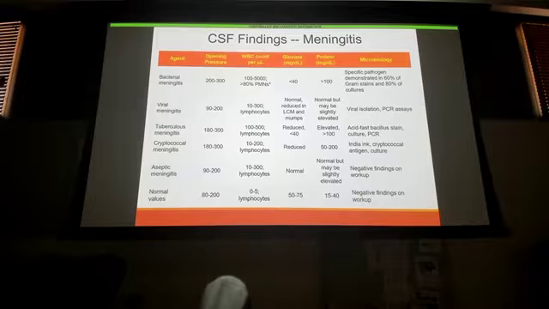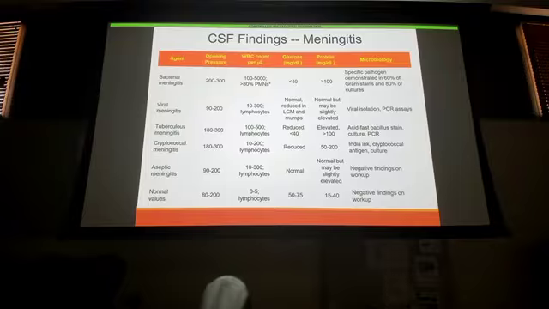Here's a chart that I recommend taking a little bit of time to look at. I don't know that it's probably value added to memorize this verbatim. If you can, great. But really look for some commonalities and something that'll stick out that would make something more likely than another. So for example, the bottom line here says normal values. If we were to look at normal pressures, for the most part, these are close-ish to normal, whereas bacterial meningitis would have a significantly higher opening pressure.